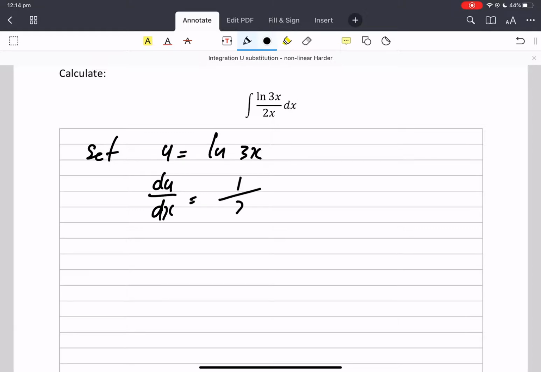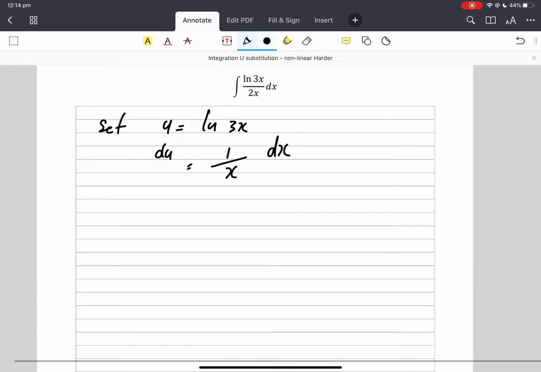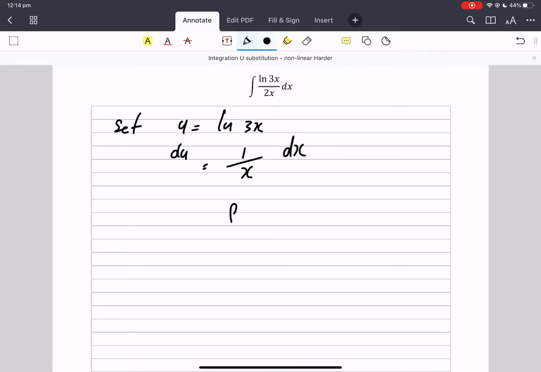I hope you're okay that it's just 1 on x. If not, do that by using the chain rule. And we're going to get this dx. Again, we've got the same extra 2 there, but you can see how it's coming together. Let's rearrange that integral.